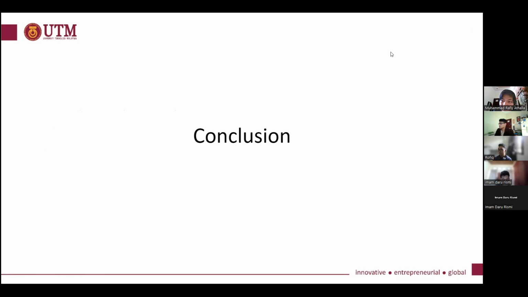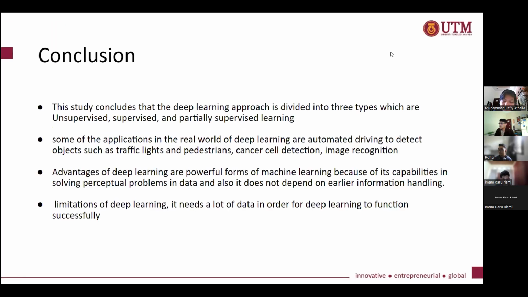Okay, so the conclusion of this study is that the deep learning approach is divided into three types: unsupervised, supervised, and partially supervised learning. The supervised learning consists of recurrent neural networks and convolutional neural networks. Some of the applications of deep learning are automated driving to detect objects such as traffic lights and pedestrians, cancer cell detection, and image recognition, and so on.